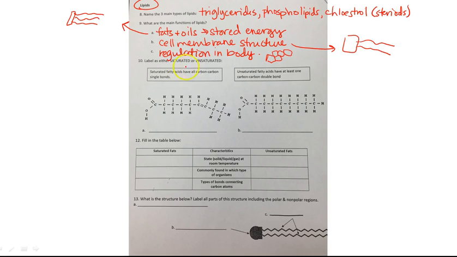So there's 2 types of triglycerides, saturated and unsaturated. I kind of mentioned them already. Saturated fatty acids are carbon-to-carbon single bonds, and they are going to be our animal fat, and they're typically solid.